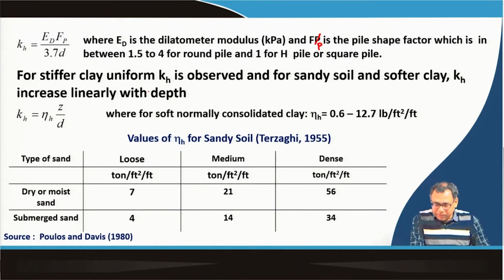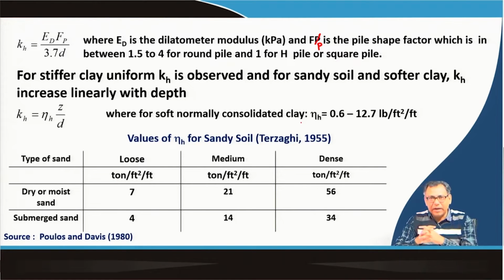For normally consolidated clay the eta h range is given, and for sandy soil also eta h ranges are given. Normally consolidated clay here means very soft clay, because only for soft clay will this variation be noticed. Otherwise, for cohesive soil, KH is more or less uniform along the depth.